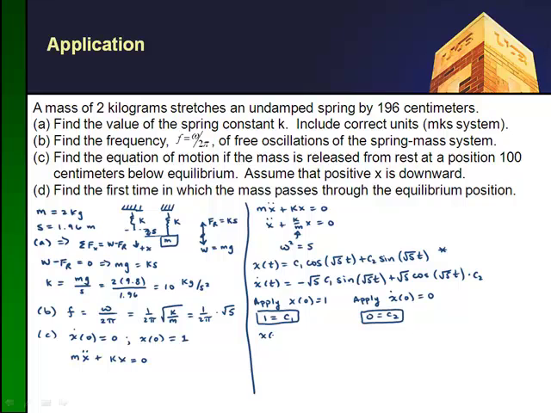Therefore, my x of t is equal to c1, which is 1, cosine root 5t. And this is my equation of motion.